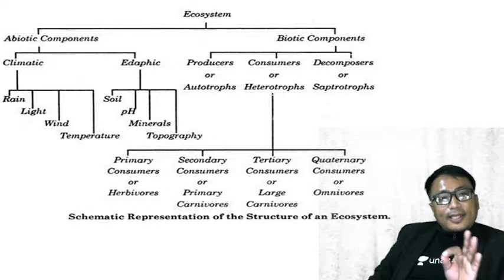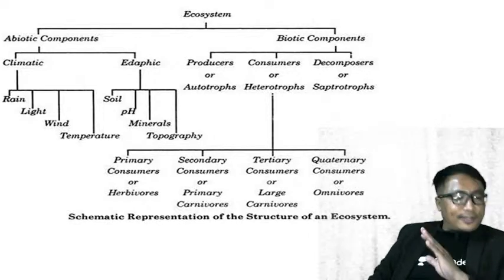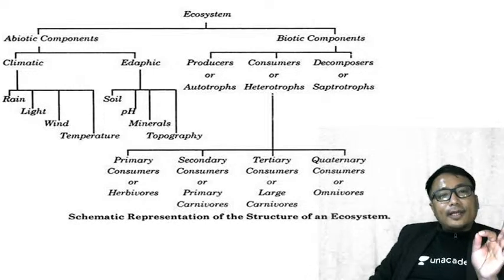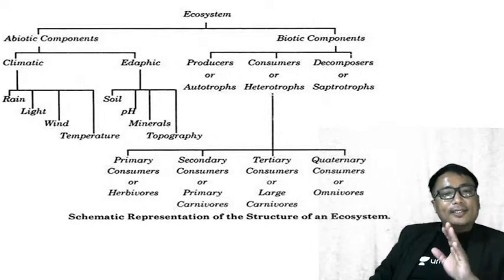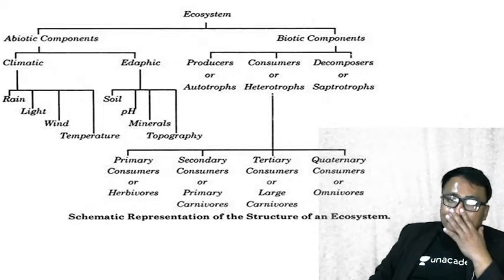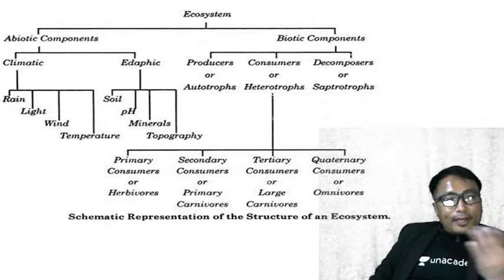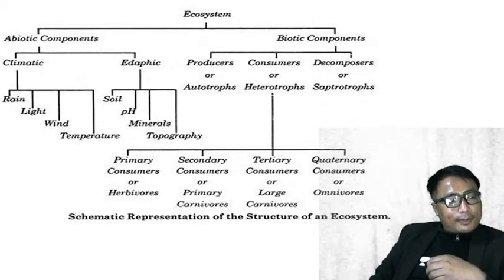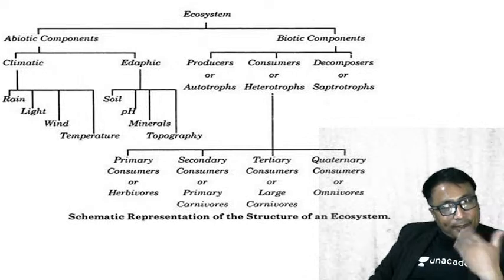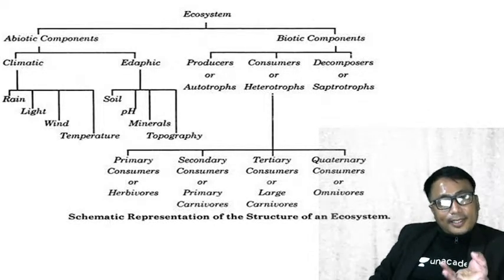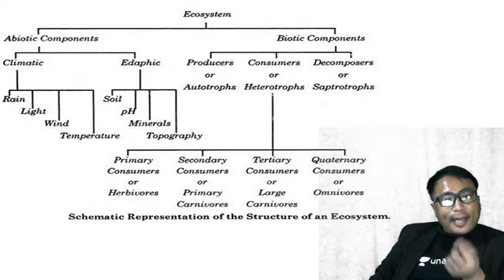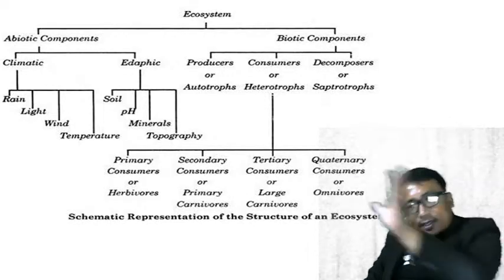Under this, let us see the abiotic component first. Abiotic component means the climatic condition and the soil condition, and so on and so forth. Other factors are also there. Why are we dealing with this abiotic component? Because always remember the basic definition of ecology. Ecology is nothing but the interaction among organisms and at the same time interacting with the surroundings.